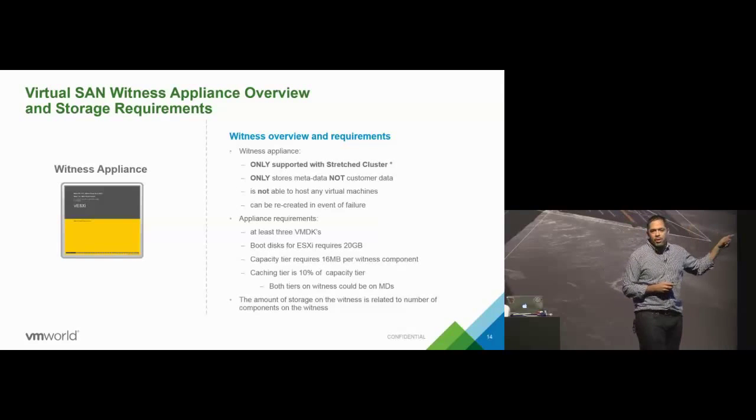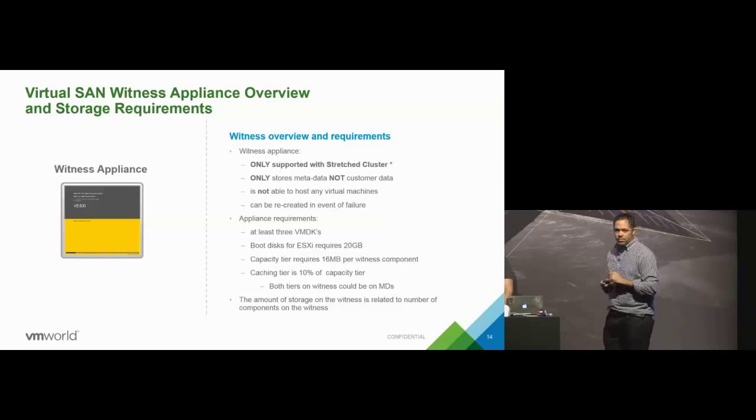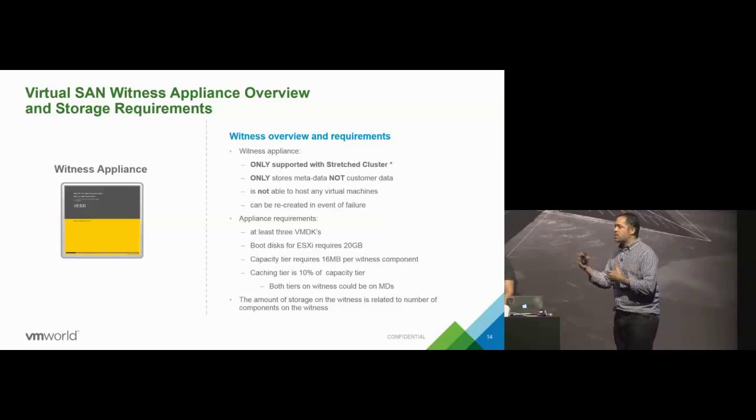We include this as part of the solution, which is something that you don't even have to license. It's an appliance that you'll see and manage just like every other virtual machine. It has some requirements that you will control based on the size of your deployment. Say you want to deploy 15 nodes per site, X number of virtual machines. It has a particular requirement so that it can store those actual objects.